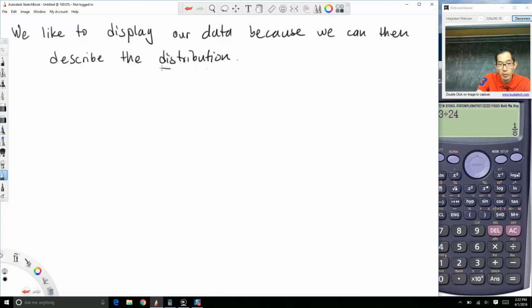Okay, and what do we mean by distribution? The distribution can be something like how the values in our sample are distributed, okay?